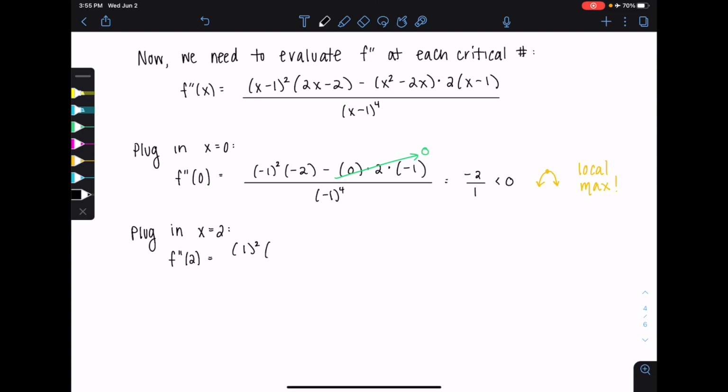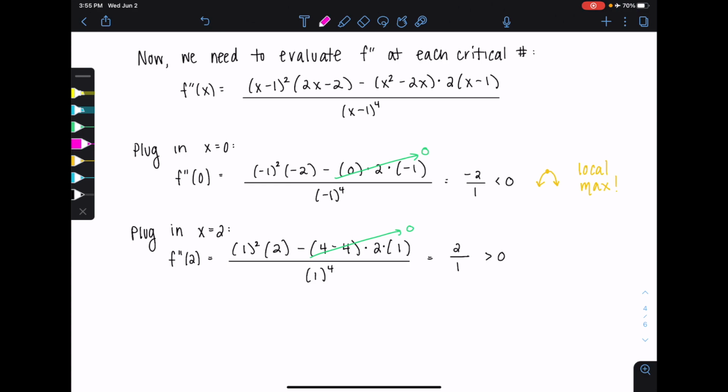Then you'll get 4 minus 2, which is 2, minus 2 squared, which is 4, minus 2 times 2, which is 4, times 2 times 2 minus 1, all over positive 1 to the fourth. And so again here, I've got 4 minus 4. This is just going to be 0. The numerator ends up being positive 2. The denominator is 1. So this thing is positive.